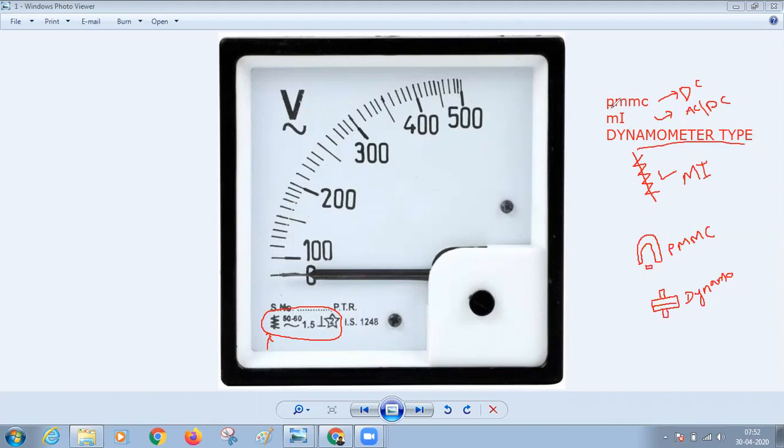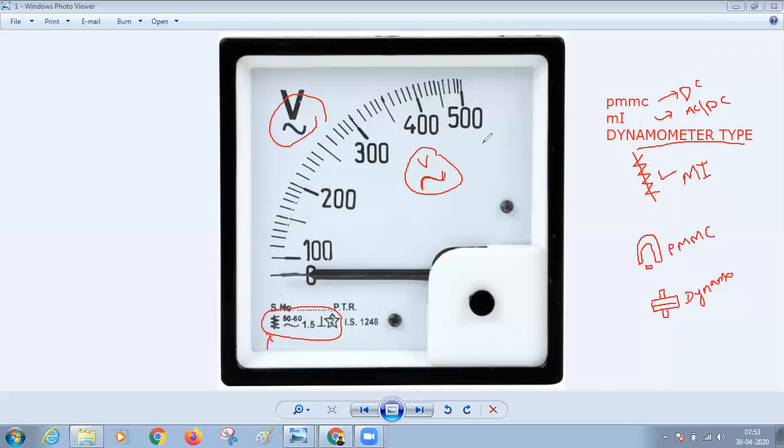How can you know whether a particular meter will measure a DC voltage or an AC voltage? If you observe this symbol, here it is given like this, V, which is nothing but voltage. Now this sinusoidal symbol is given there, so in such a case the meter measures sinusoidal voltage.